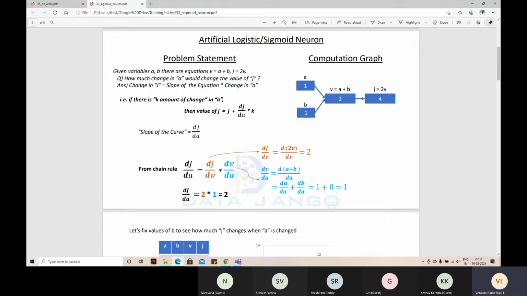I should have kept this dv by dA first and this one next. It would have been easier. So I can easily calculate the derivative. See this? dA by dA is 1 and b is a constant, so we got 0. And here 2 into dv by dv is 2. So we multiplied those two and we got 2.